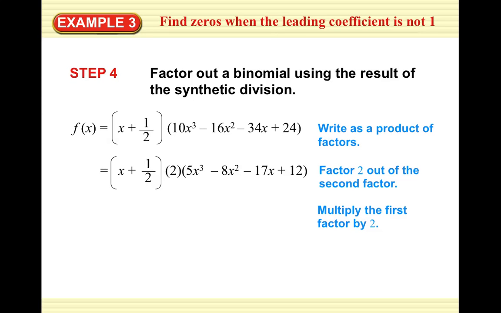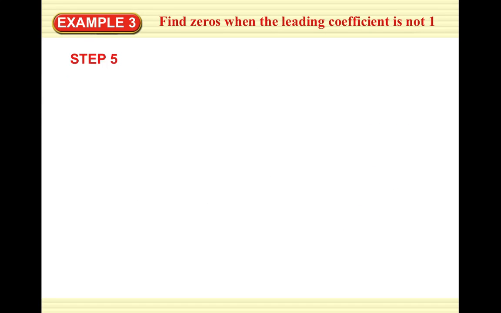Multiplying the first factor by 2 to move the 2 from the big polynomial to just that linear factor, we're left with 2x plus 1. If you were to set 2x plus 1 equal to 0, it would still be 1/2. So we didn't change the value at all. We're just rearranging this a little bit to make numbers easier to work with.